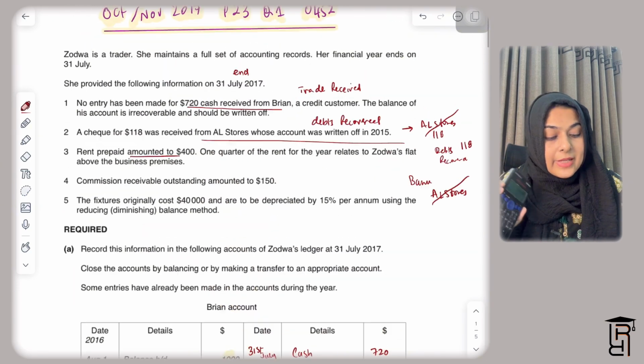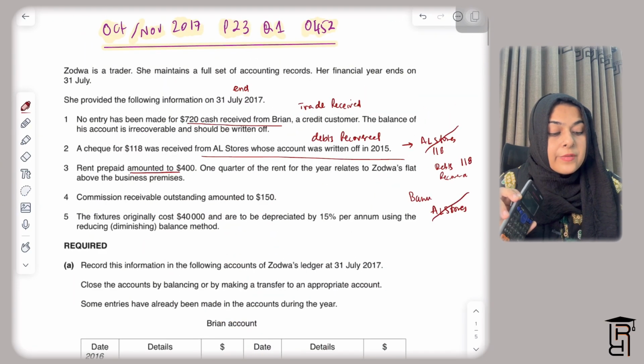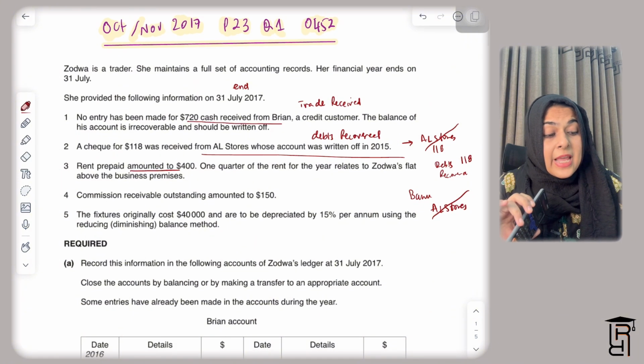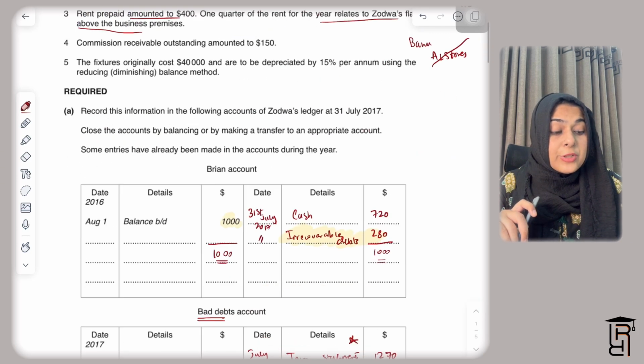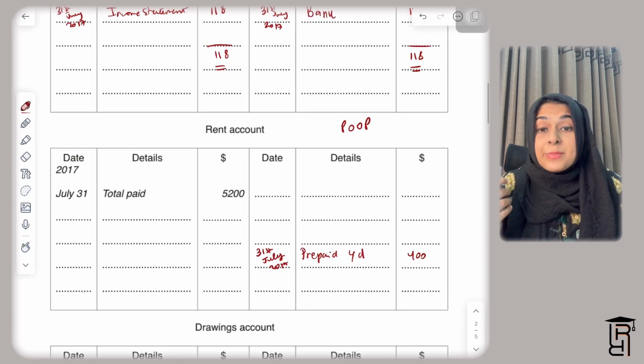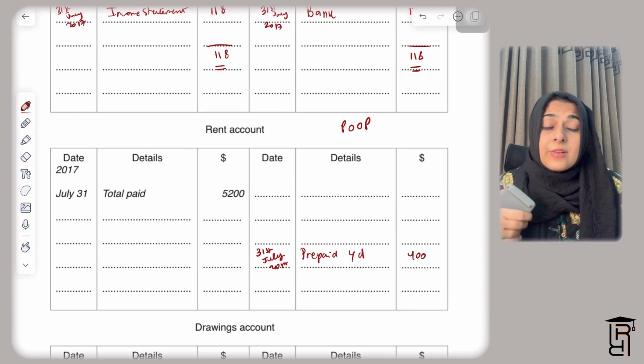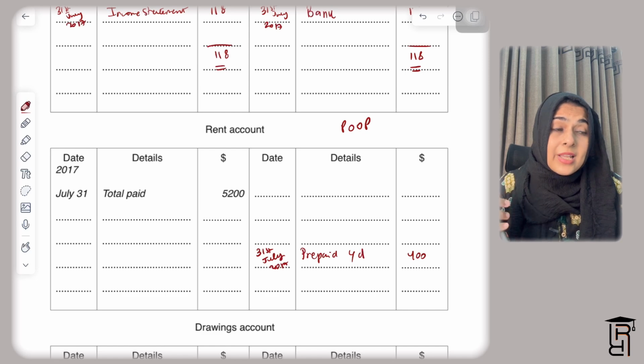And then what they are saying about rent is that 1/4 of the rent for the year relates to Zodwa's flat above the business premises. If Zodwa is also paying for her private flat from the business money, this is going to be drawings, because the concept of business entity says that whenever the owner takes out money from the business or spends money for personal expenses from the business bank account, that's basically going to be drawings.